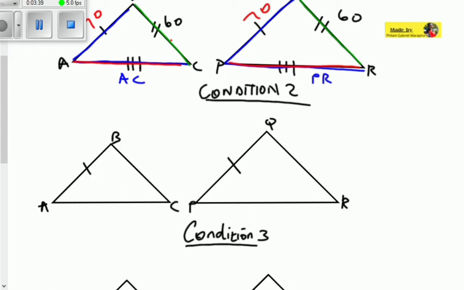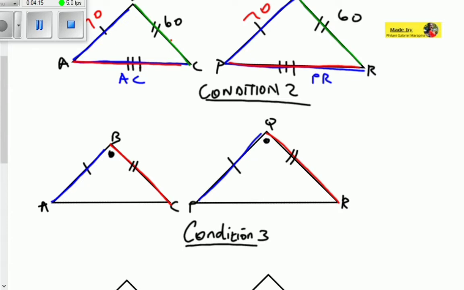So if AB is equal to PQ, by that I'm talking about this AB and this PQ, and then if QR, which is this side, is equal to BC, so these are equal. And then the angle which is subtended by those known sides here at B, and the angle here on top again, if those two angles are equal as well, then it means you have already proven congruency of these two triangles.